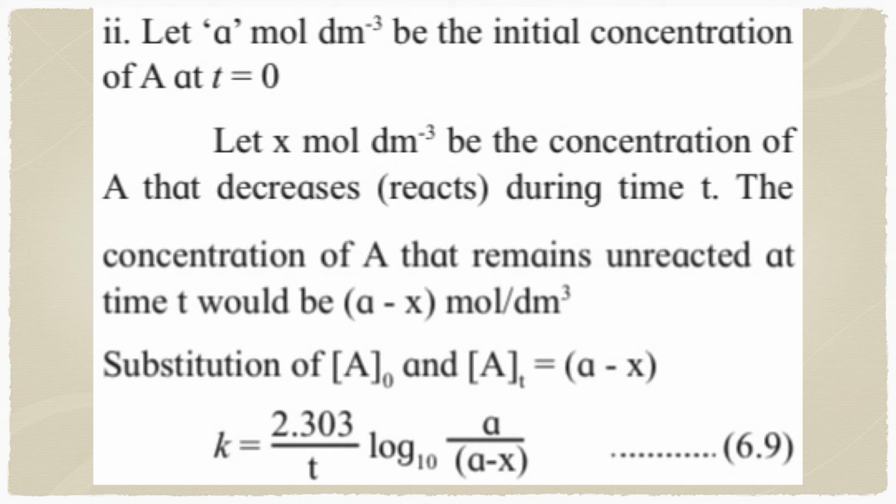So I substitute the initial concentration as small a and the final concentration as a − x. Therefore I get the equation k = (2.303/t) log to the base 10 of a upon (a − x). So this is another form of writing the rate law.